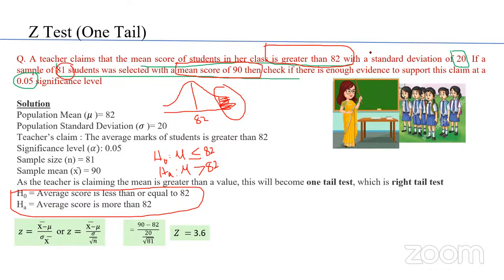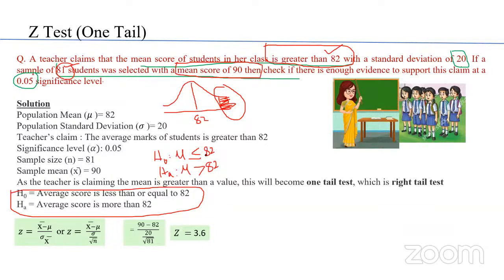What is the standard deviation? Is it the sample standard deviation or the population standard deviation? Population, because that has been given in the first statement. Whenever they selected a sample, they did not tell anything about the standard deviation. Before selection of the sample itself, they mentioned the standard deviation is 20. That means the school has set some kind of limits, plus or minus 20, so that is going to be the population standard deviation.